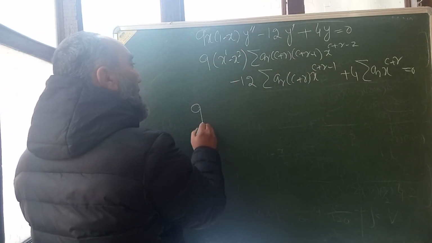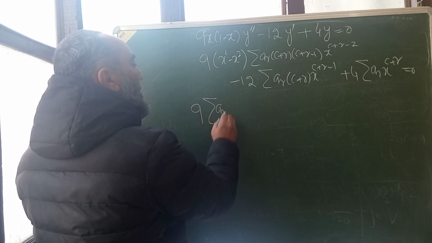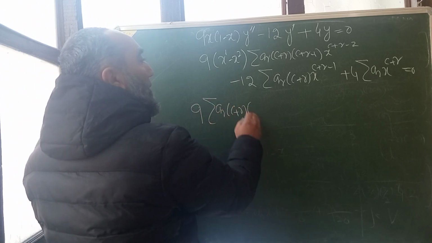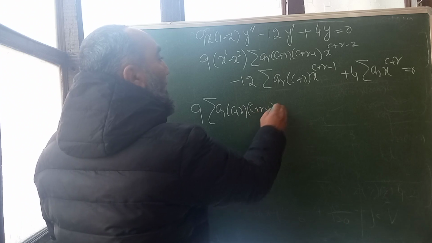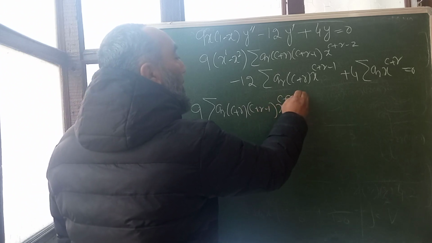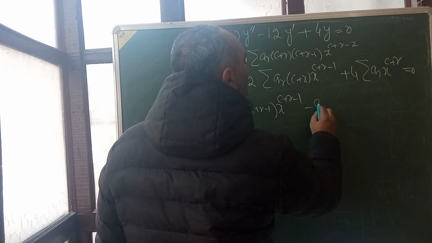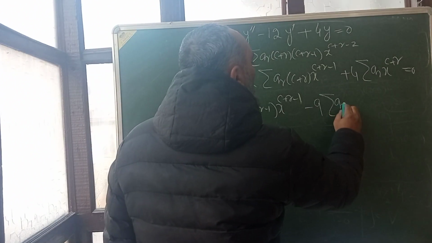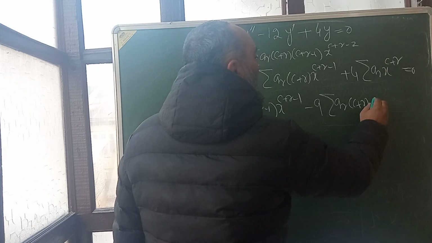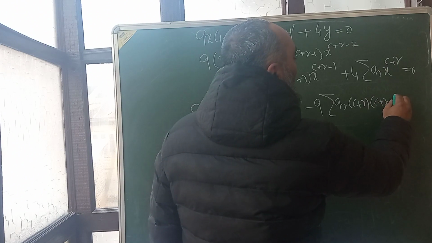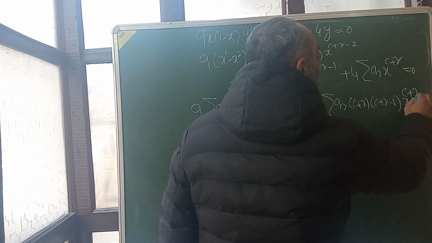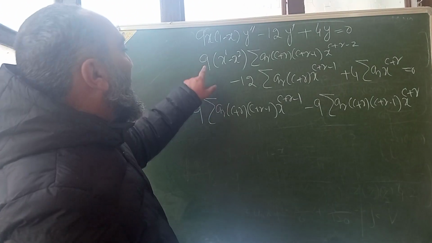This is 9 summation ar (c plus r)(c plus r minus 1) x raised power c plus r minus 1, then minus 9 ar (c plus r)(c plus r minus 1) x raised power c plus r only, 9x square.